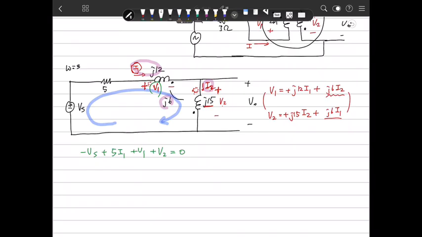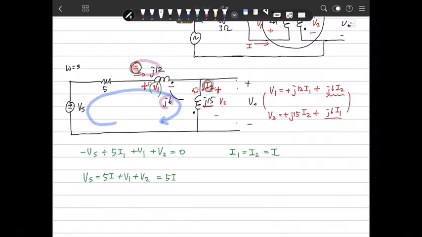We need to note this is an open circuit. Therefore, I1 is the same as I2 because this is open circuit. So I1 is the same as I2, and we define this as I. Then Vs is 5I1, with I1 being I, plus V1 plus V2.